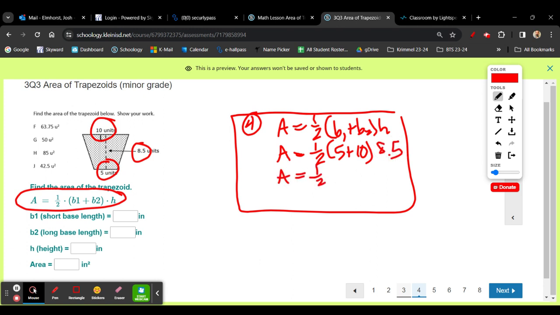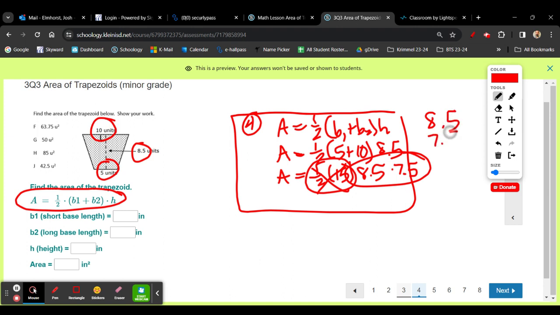We got 1/2, 15. It's probably easier if you do half of 15 before you multiply. 1/2 of 15 is going to be 7.5. So once you divide by 2, now you just multiply to get the area. 8.5 times 7.5.